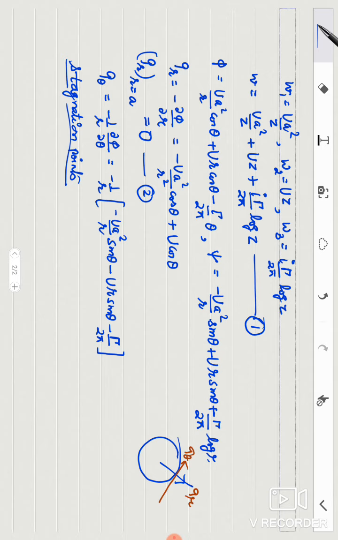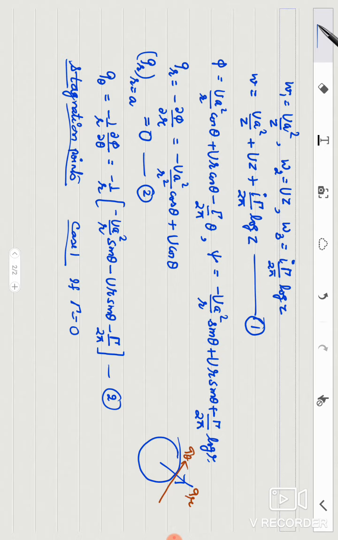So to find the stagnation point, I take case 1: gamma is 0. In this case, you will reach the previous case, which we discussed in the previous lecture. But in this article also, we have to show what will happen if gamma is equal to 0.